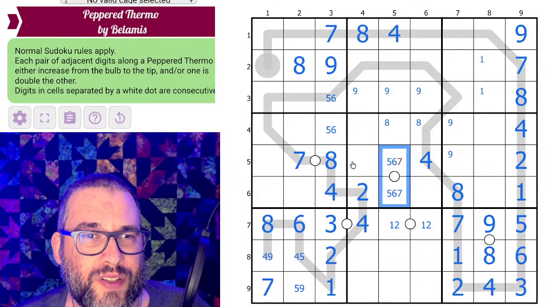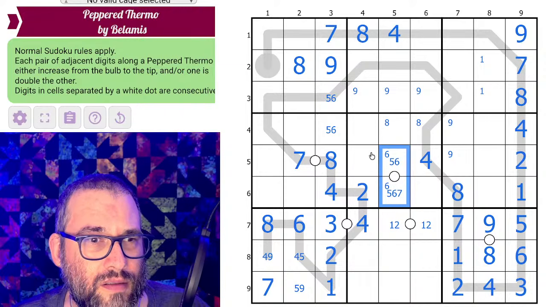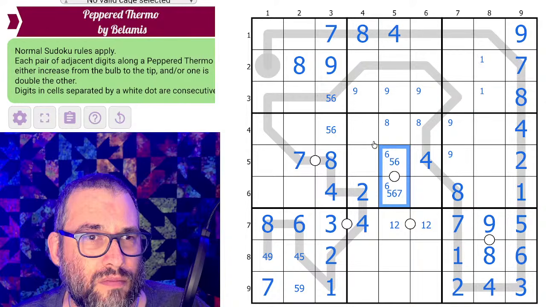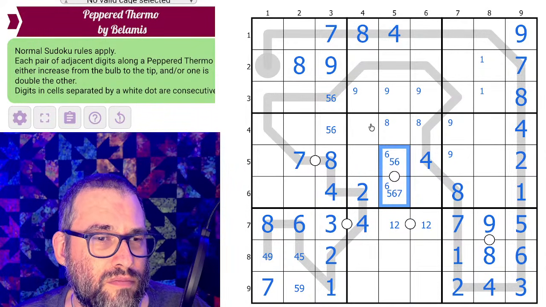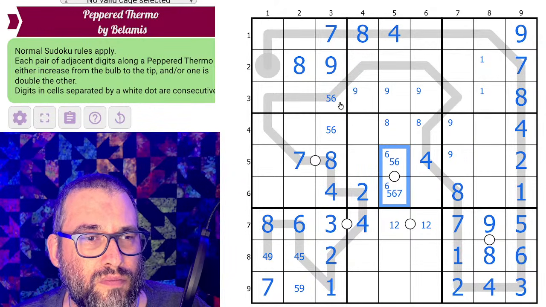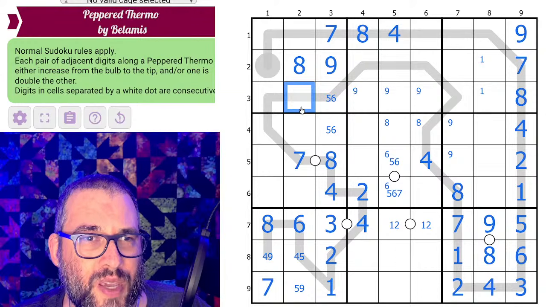These are from 5, 6, 7. Definitely have a 6. If this were a 5, there's nothing for this to be. Right, so that has to be a 6 with a 3.